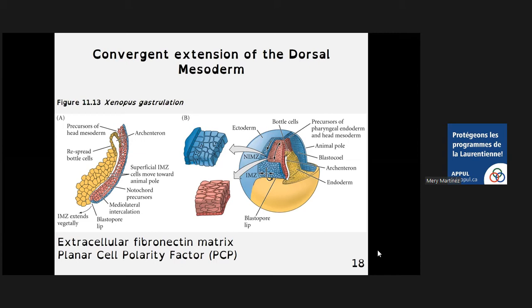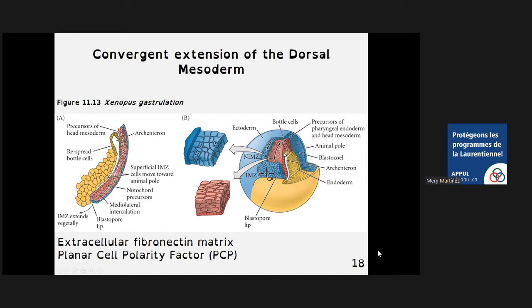So in here also we have the anterior population of cells migrate towards the animal pole. So this is in the marginal zone and it goes into the animal pole, and this is what this is showing here. Okay, it's going all the way up in this end, and including the bottle cells to form the roof of the archenteron. So once again, this is the archenteron and this is the roof of that archenteron.